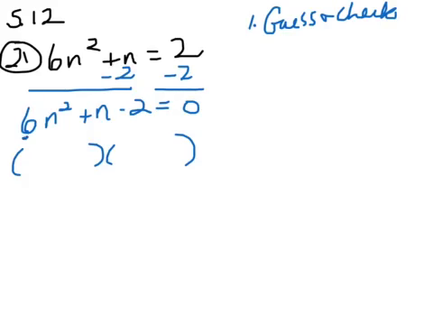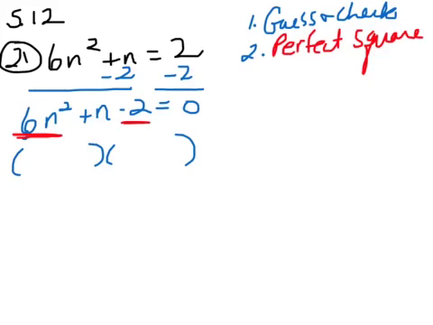So there's a lot of things to check. This minus sign here also makes that a little bit more difficult way to work it. You always should check and say, is the first term a square and is the last term a square? Well, this is not a perfect square and that's not a perfect square, so it's not a perfect square trinomial. Sometimes that's the easiest way to factor stuff, but that didn't work out here either.